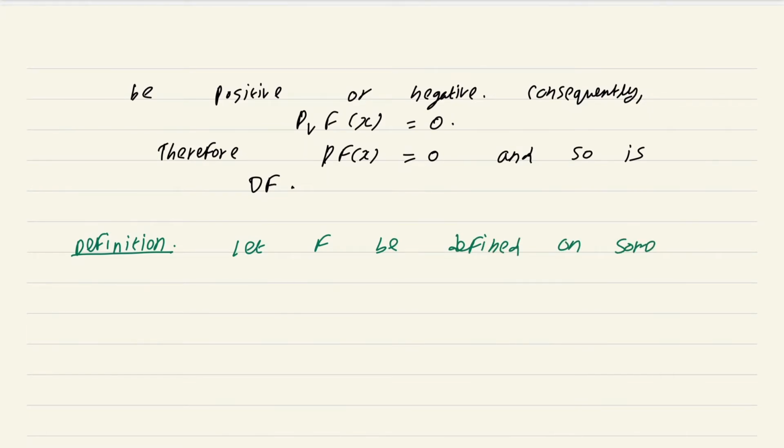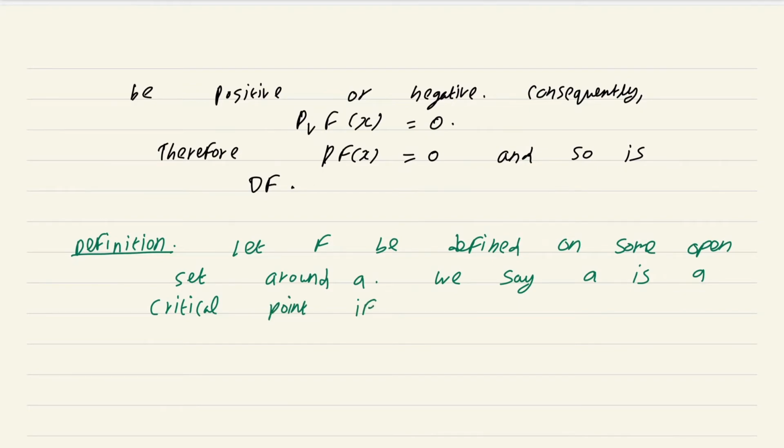I don't really care what open set it is. Open set around A. We say A is a critical point if the gradient of f at A is 0.